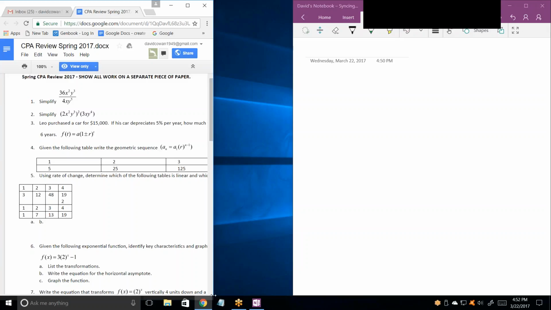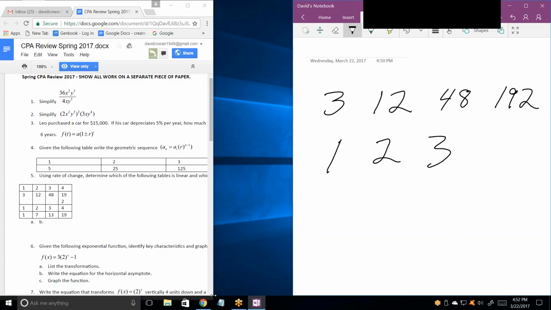There's three sequences here, and they want to know which ones are linear and which ones are exponential. Exponential are going to be the ones that are geometric sequences. Linear are going to be the ones that are arithmetic sequences.